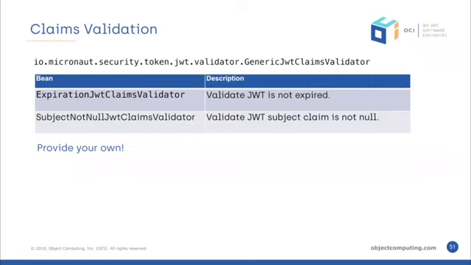You can disable these validators if they are not what you are looking for. You can create your own. It's really easy: if you need a custom validator, you just create another bean which implements generic JWT claims validator, and that will be automatically picked up by Micronaut to validate the claims.